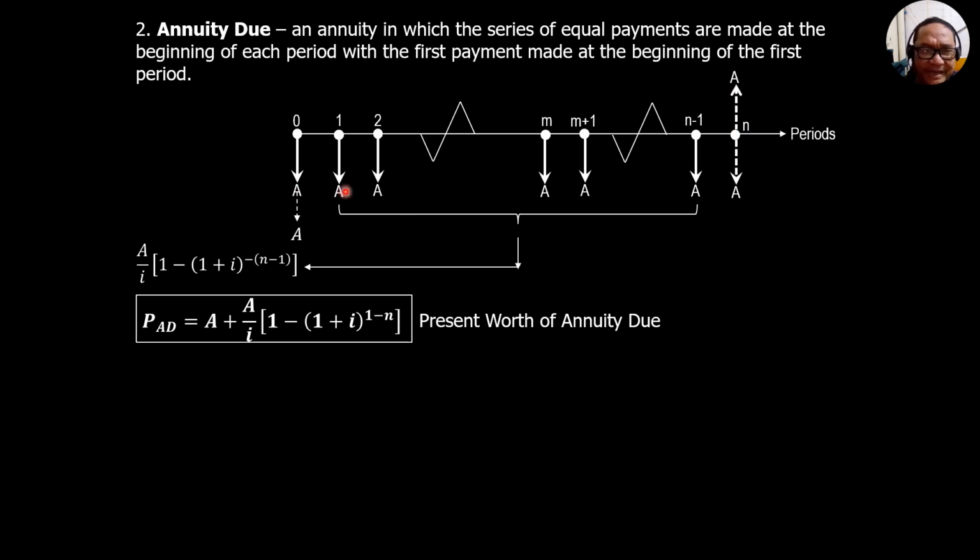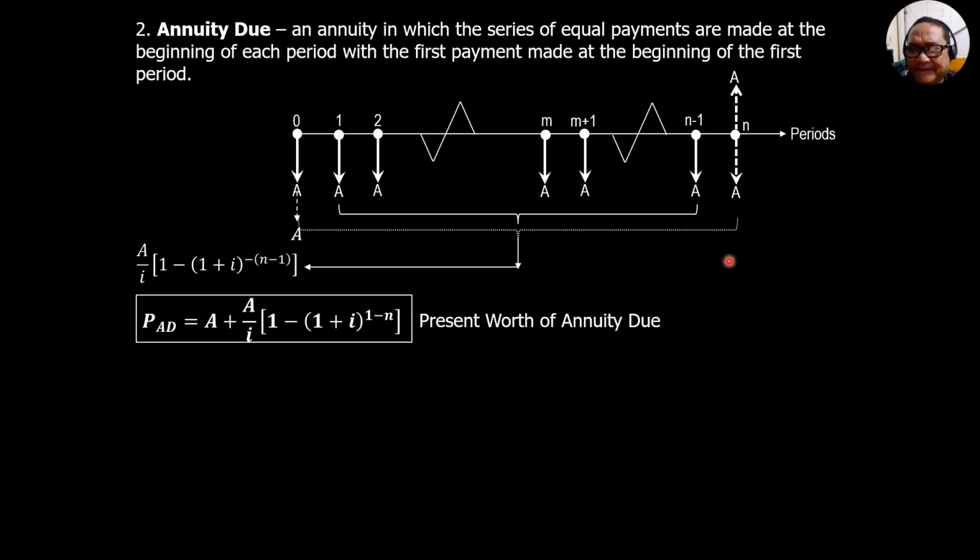So there will be n plus 1 equal payments, and we can use the formula for future worth of ordinary annuity. Then we have to subtract A. So the power in the formula, if you can recall, A over i, quantity 1 plus i to the n minus 1, we replace n by n plus 1, and we should subtract A here because we added A. That's why there will be n plus 1 payments, so we should also subtract A.